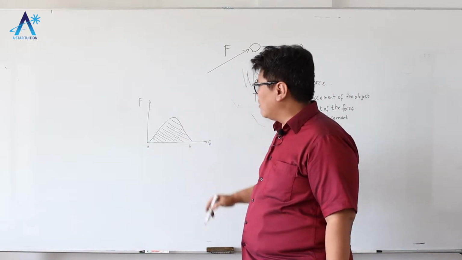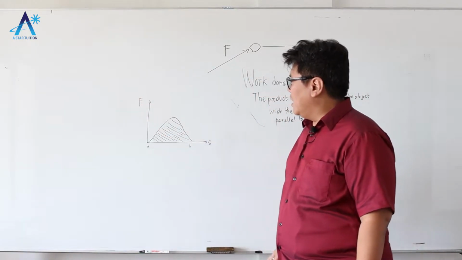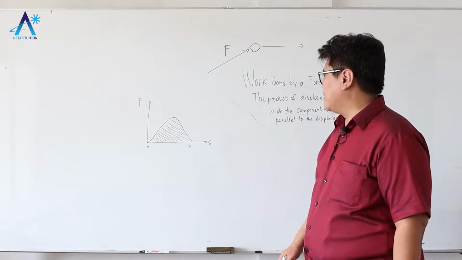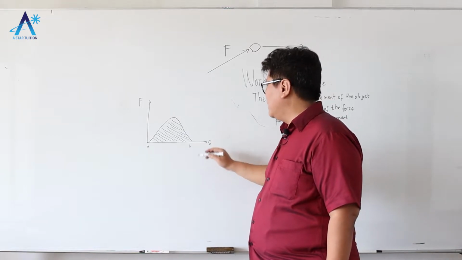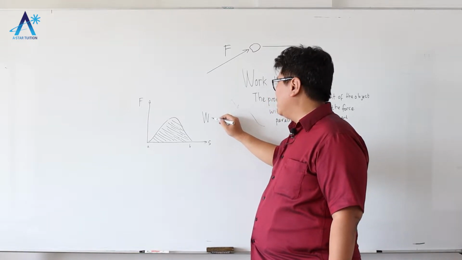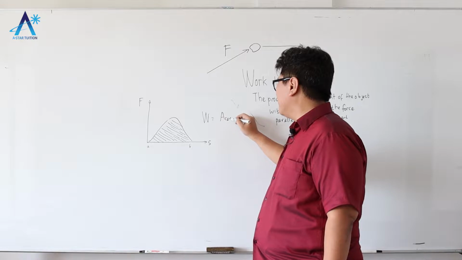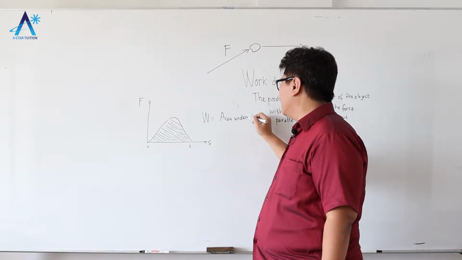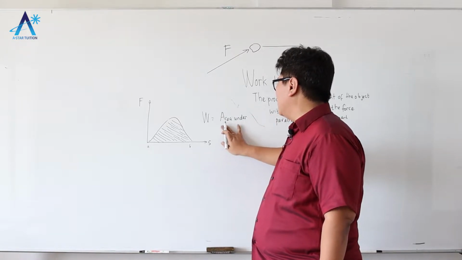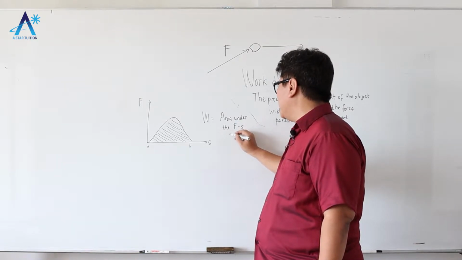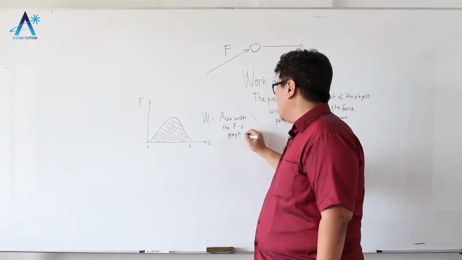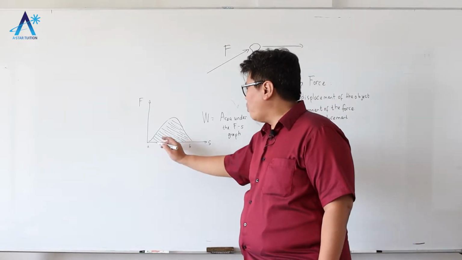Now, when the force is not constant, that is, the force is changing with respect to the position, then you can find the work done equal to the area under the force versus displacement graph from the point of interest.